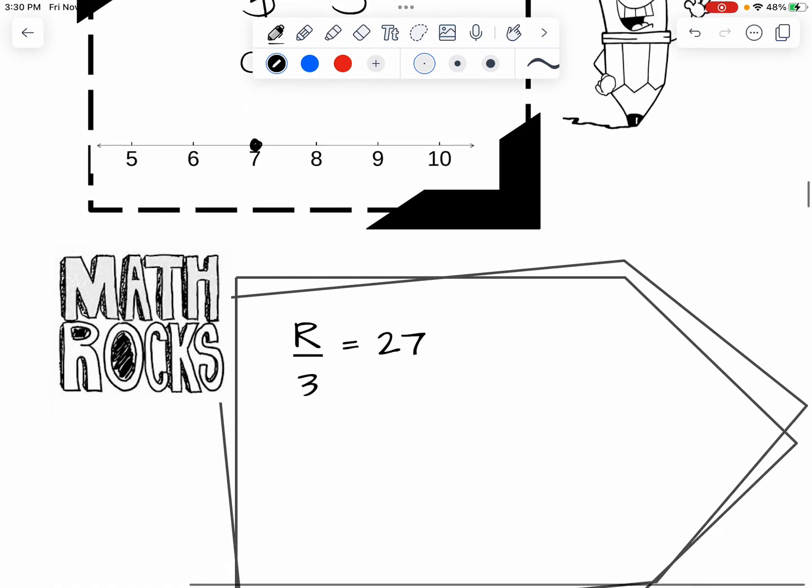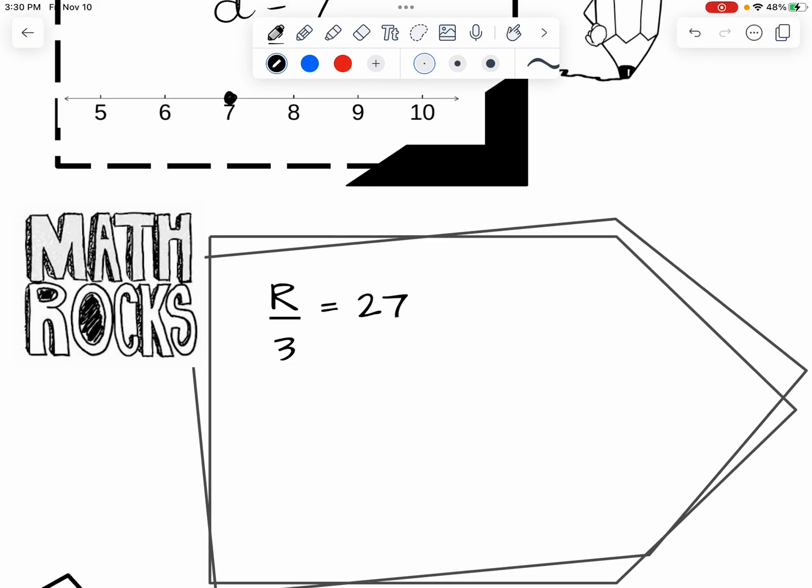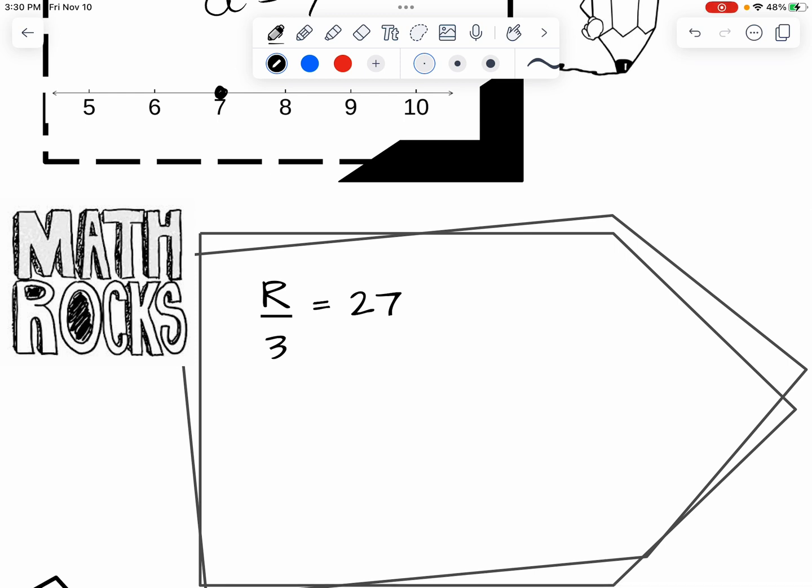All right. Division. Now division, to undo division, I have to multiply. So I have to multiply by its reciprocal. So right here, if I'm doing division, I'm going to have to multiply by its reciprocal.